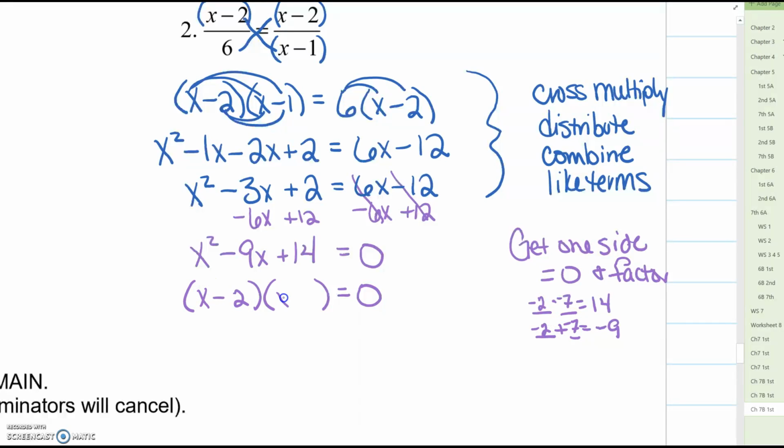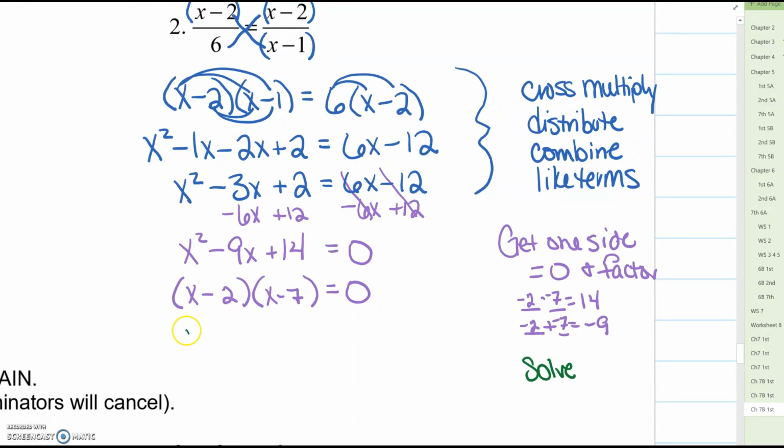So x minus 2, x minus 7. Your next step is to solve. If the factored form says x minus 2, what is your solution? +2 and +7.